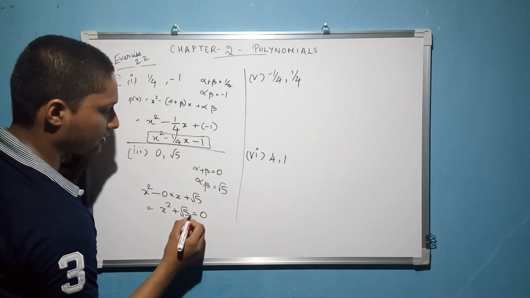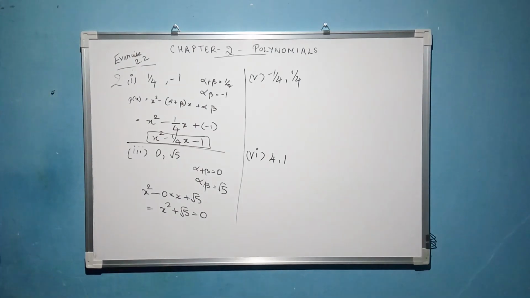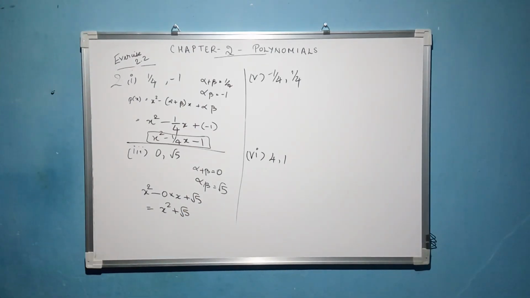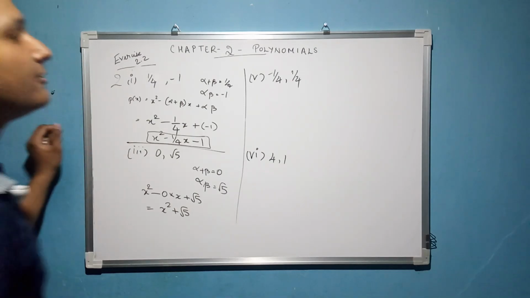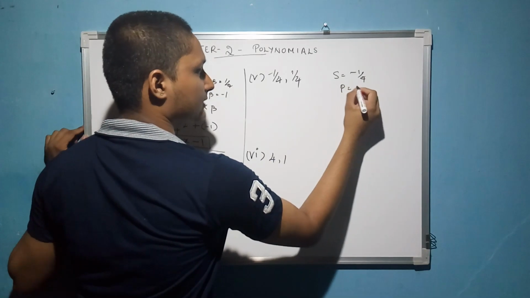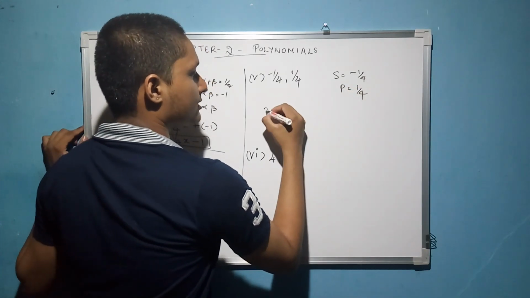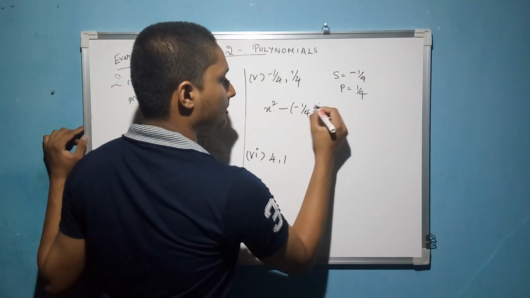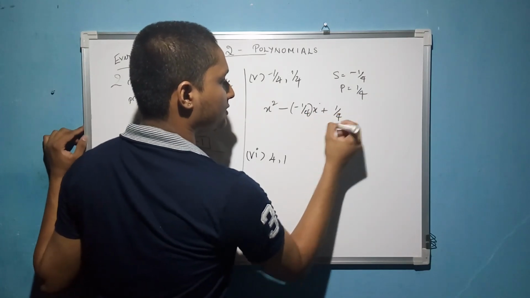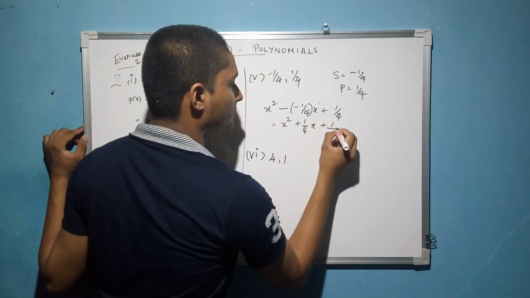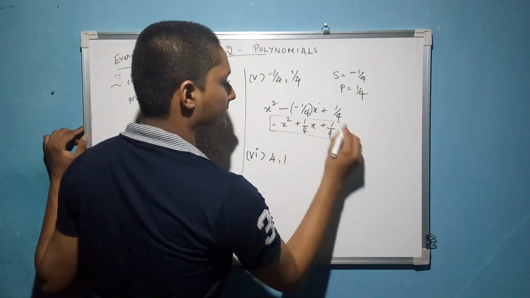Not equal to 0, just x square plus root 5 is the required quadratic polynomial. Now we have the fifth part, that is sum is minus 1 by 4 and product is 1 by 4. So just going on substituting that, x square minus of minus 1 by 4x plus 1 by 4 comes to be x square plus 1 by 4x plus 1 by 4. That is the only thing that we're going to get here.